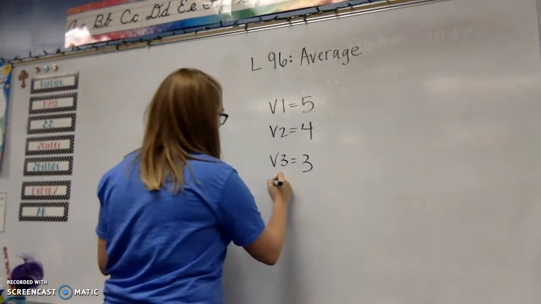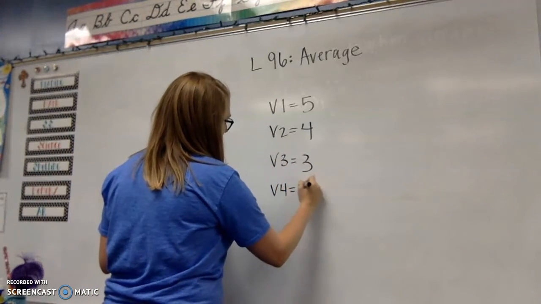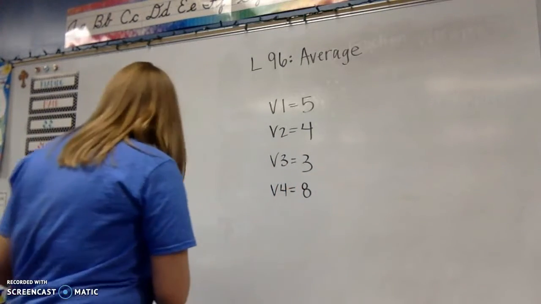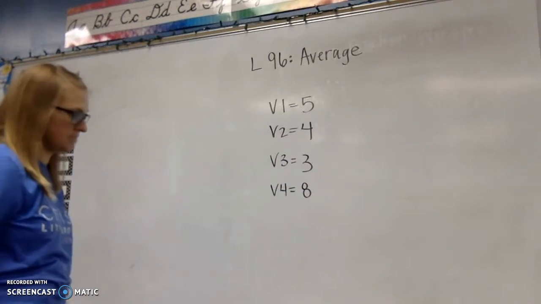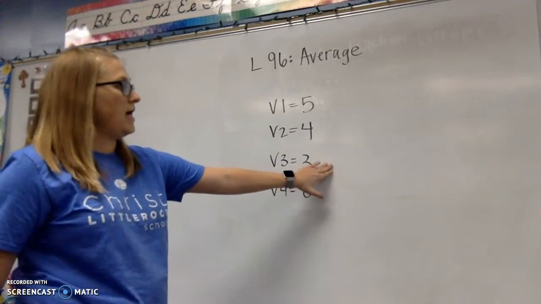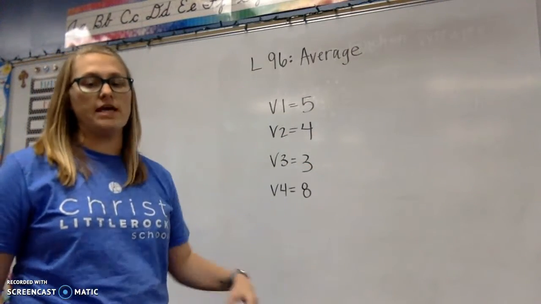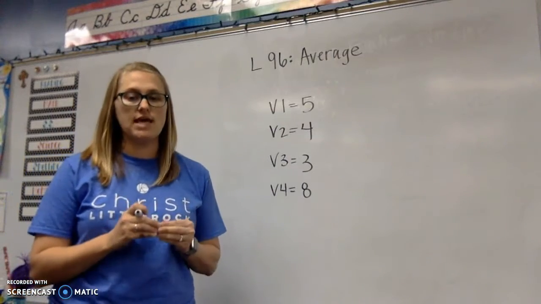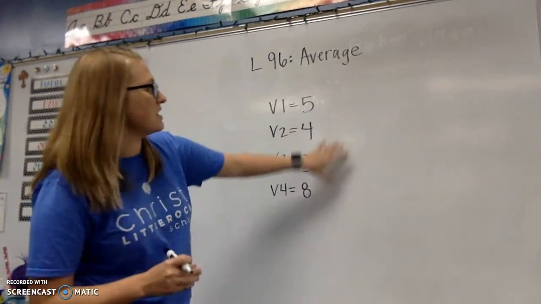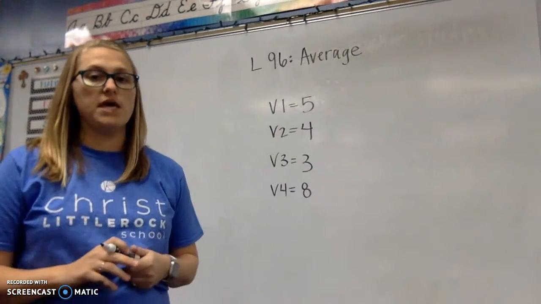And 8 players in the fourth van. So what the average means is, if all of the vans were the exact same using these numbers, what would the average be?